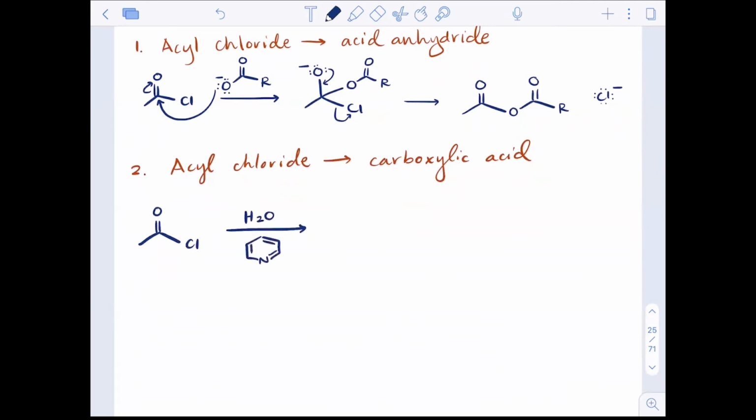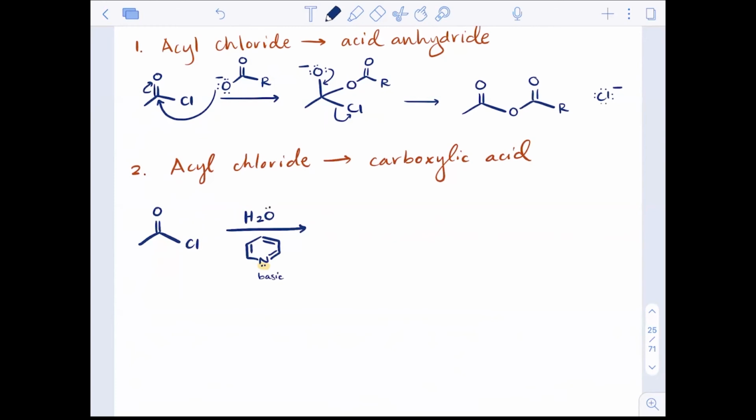Pyridine is a base. It's an aromatic compound that's very stable. The nitrogen lone pair right here is not aromatic. That is going to be basic, right? So we'll see that that reaction will be done in a basic solution, okay?